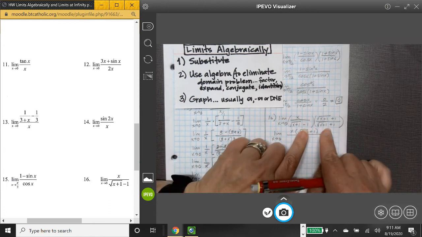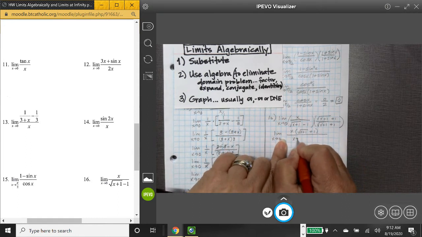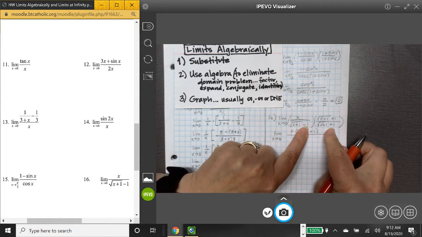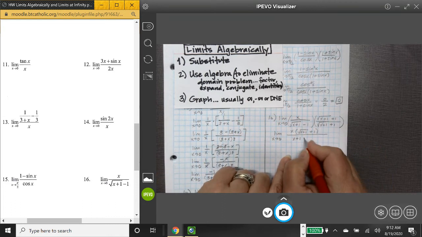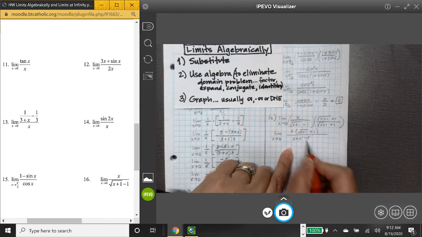Now, since I used the conjugate, these are the factors of a difference of squares. So this is going to be the square root of x plus 1 squared, which is x plus 1, minus 1 squared. So this is minus 1. And that icky denominator turned out to be really nice by getting rid of this.